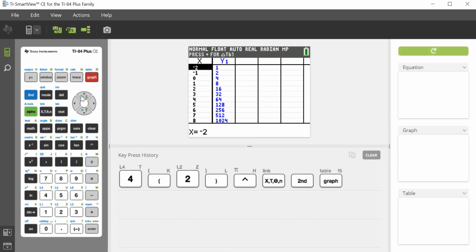So here I've got all the different types of values. If x is -4, look, I have 1/4. When x is -2, it's 1. When x is 0, it's 4. When 2, it's 16. So that's another way to create a table if you have your own graphing calculator. It's typing in the equation in y equal, and then go to second graph to pull up your table.